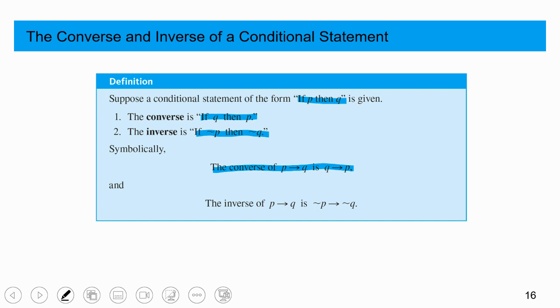In the inverse, we say the inverse of P implies Q is not P implies not Q. So this time, the two statements are not switched, but they are both negated. Notice that if you combine the converse and inverse, you have the contrapositive. So if you switch them and negate them, that's the contrapositive. But if you just do one at a time, you have one of these versions.